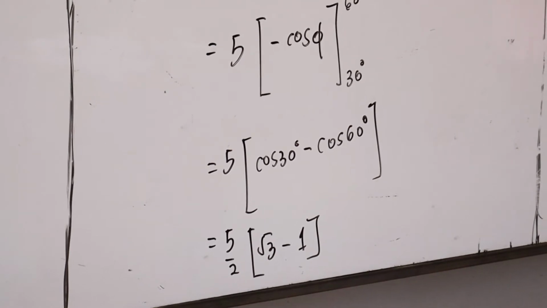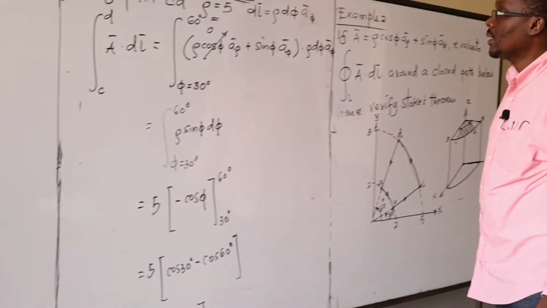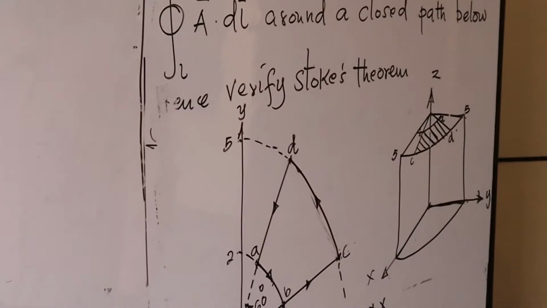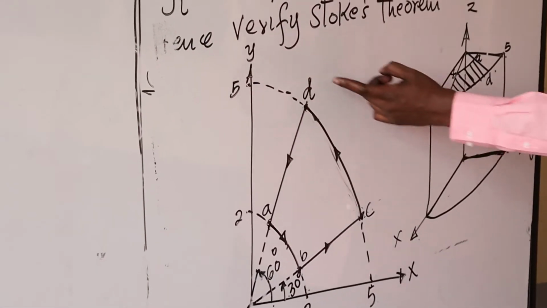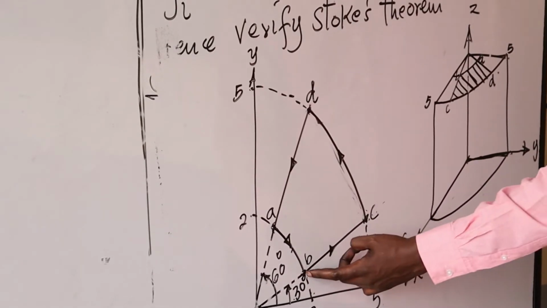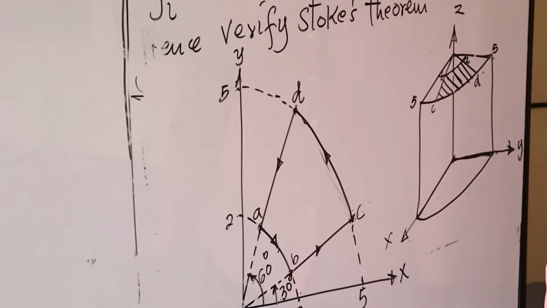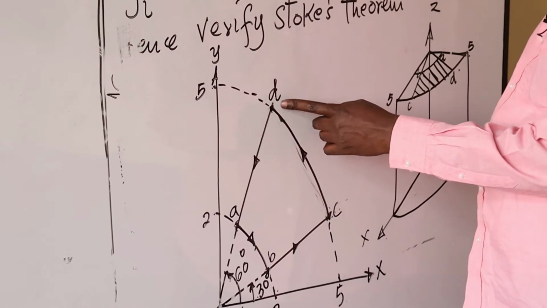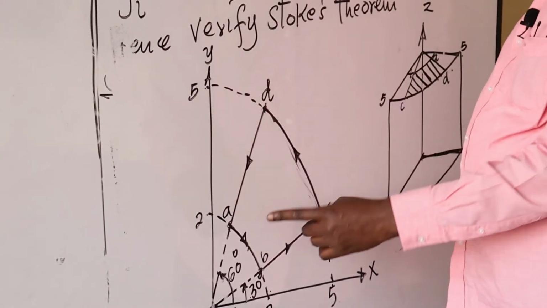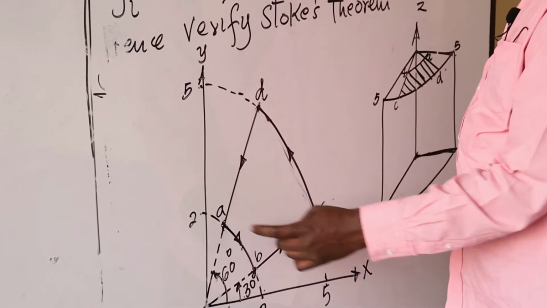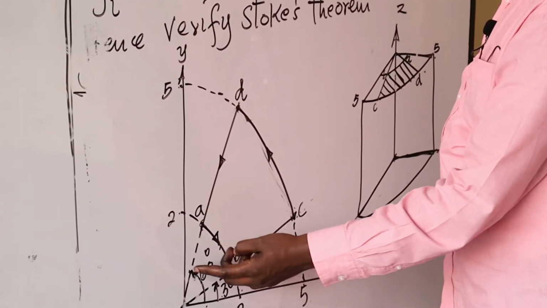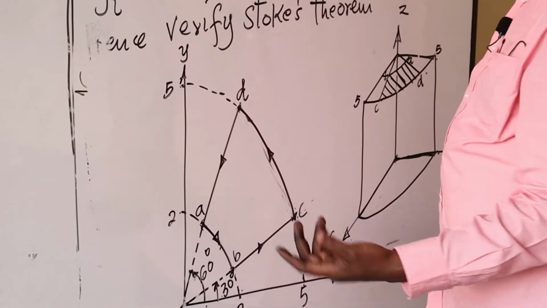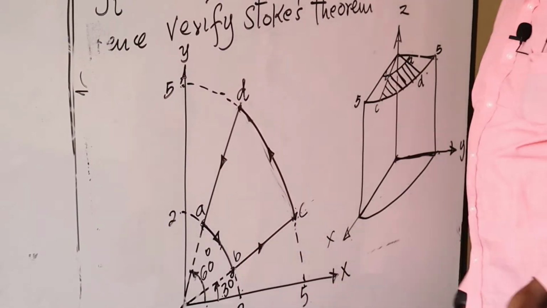Then finally, we can look at it along the path dA. Path dA is the same as path BC, but it's only that the lower limit will be 5 and the upper limit will be 2. What is changing is the radius, and the angle at this point is 60, not 30 like what we had in BC.